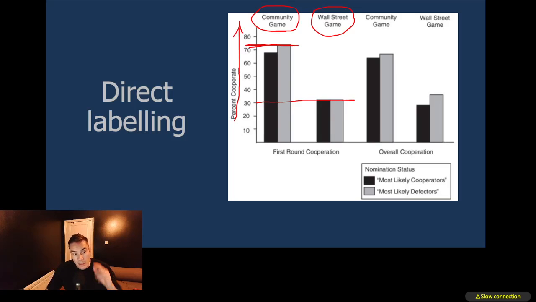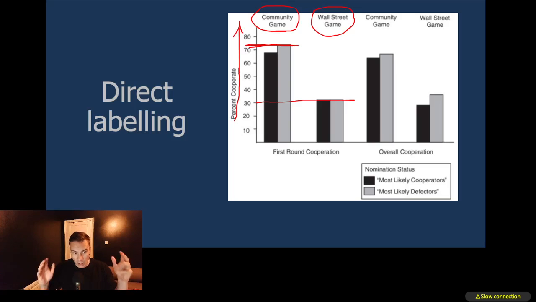So here it seems that simply labeling a situation as either community-oriented or financial profit-oriented really profoundly changed people's behavior, even though the incentives they can gain from cooperating or not cooperating did not change. So direct labeling for people or situations works well. It's not always easy to do, and it's thought to be more effective for children than for grown-ups.